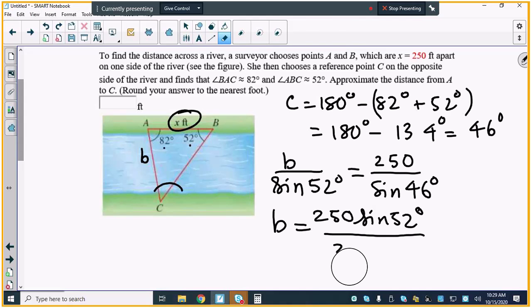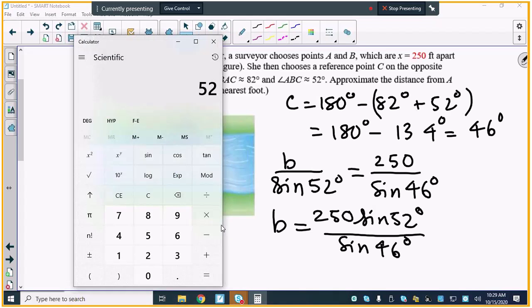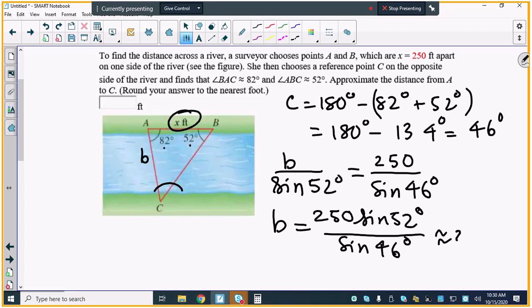And then use calculator, round your answer to the nearest integer. So 52 sine, and I multiply 250 with it and divide by the sine of 46, which is 273 point something, and rounded to nearest integer, I can call it 274. Unit is in feet, so that is the distance between the point A to C. Answers my question, pretty simple.